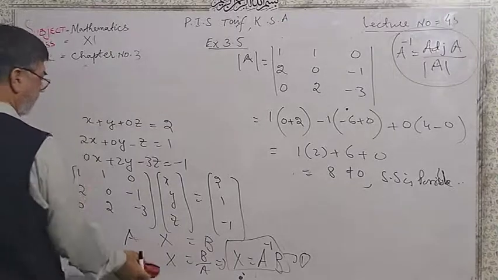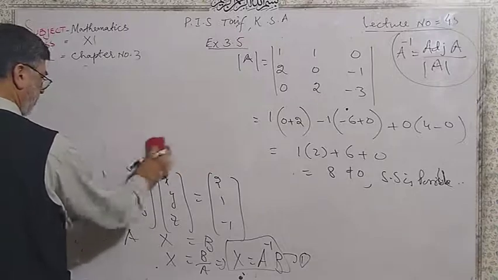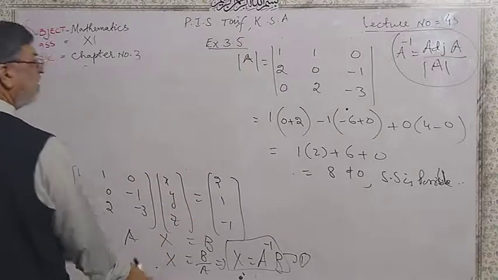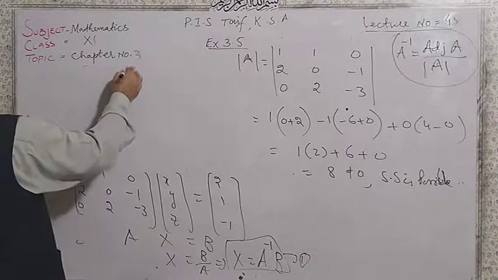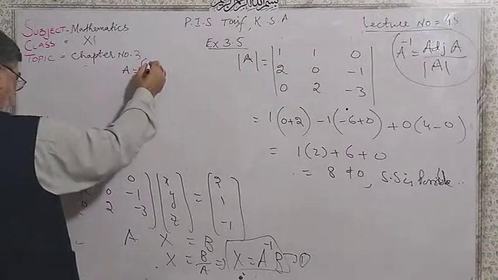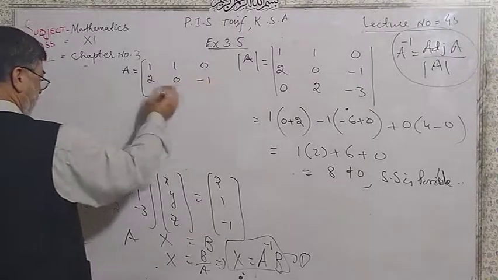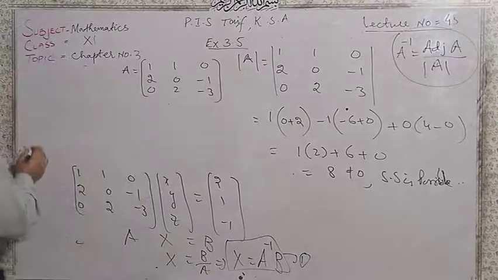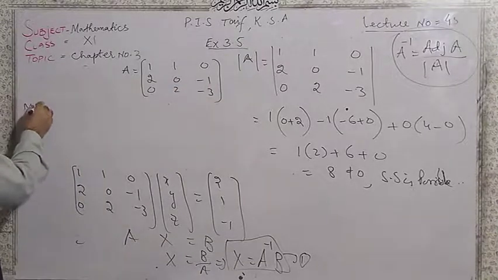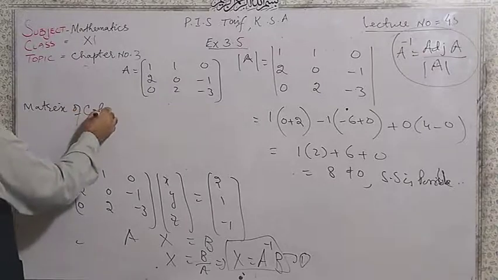Here A is 1, 1, 0 and 2, 0, minus 1 and 0, 2, minus 3. Matrix of cofactors.